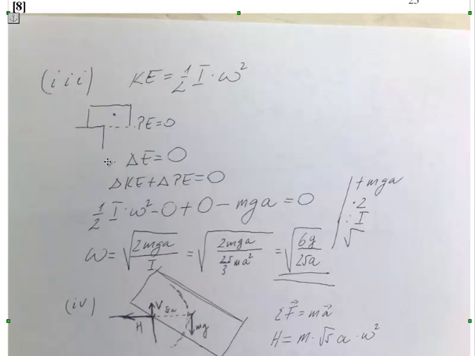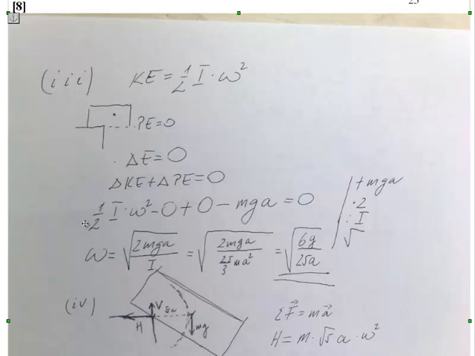So change in mechanical energy is 0. It means change in kinetic energy plus change in potential energy. Change in kinetic energy is here.